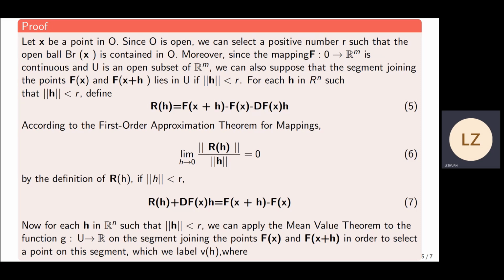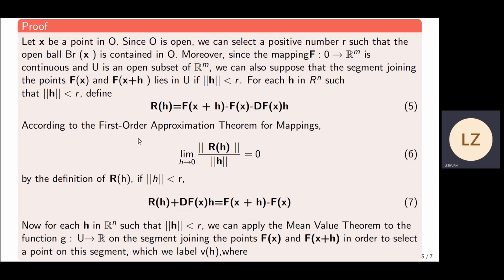For each h in Rn such that the absolute value of h is less than R, we define r(h) equals f(x+h) minus f(x) minus Df(x) times h. According to the first order approximation theorem for mappings, we have the limit as h goes to 0 of the absolute value of r(h) over the absolute value of h equals 0.